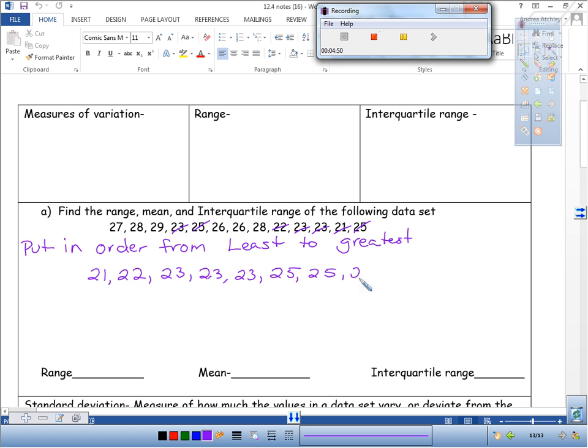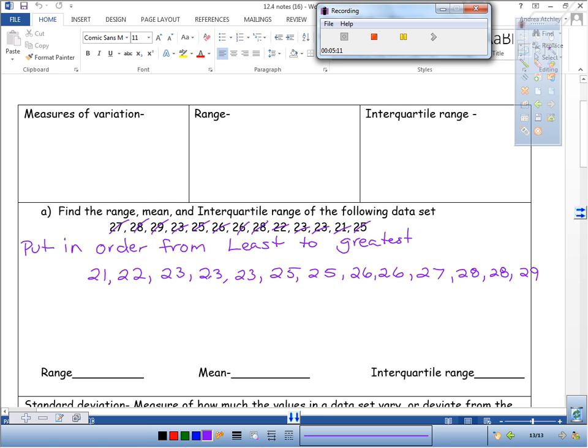Then two 26s. Then a 27. Then a 28, another 28, and then a 29. Okay, any questions with that?